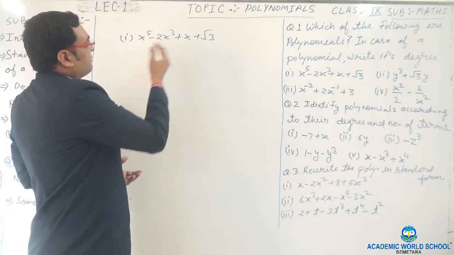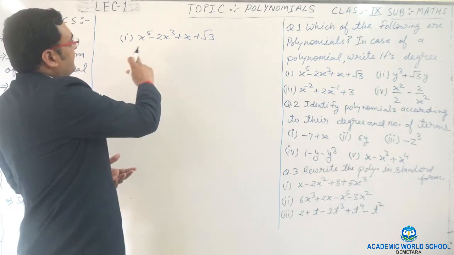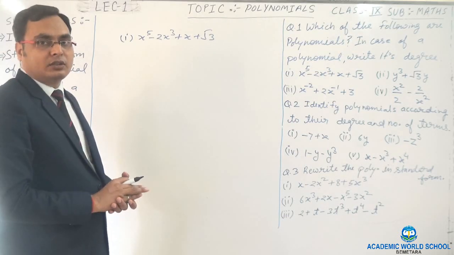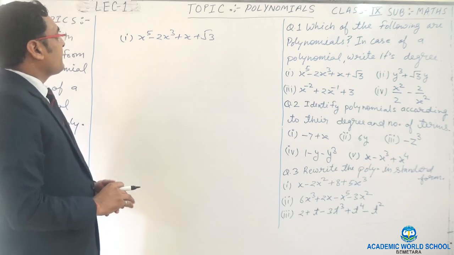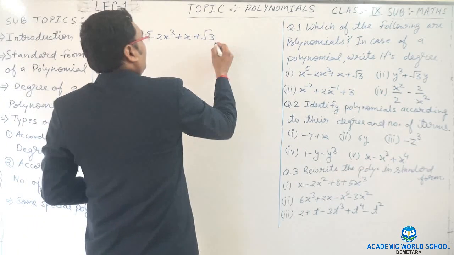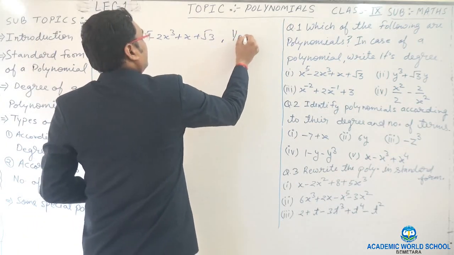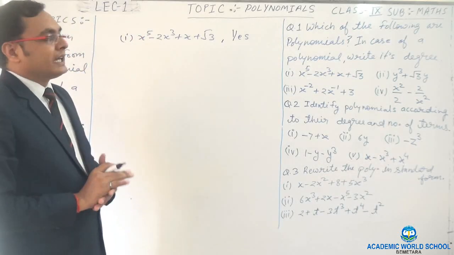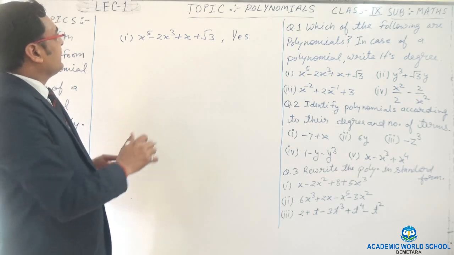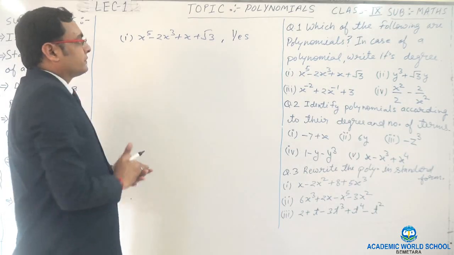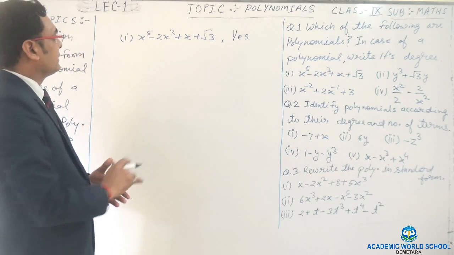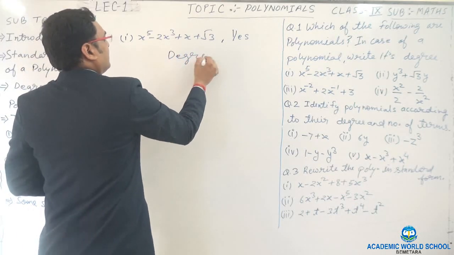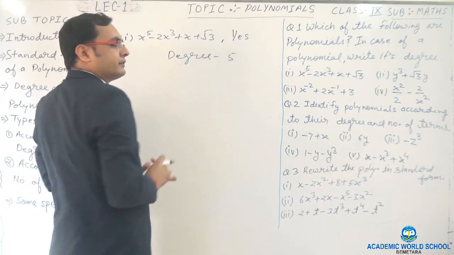And obviously it is a polynomial because the degrees of all the terms are in whole numbers only. So this is a polynomial in one variable, and we are also asked to write its degree. The degree is the highest power of these terms. The highest power is 5.